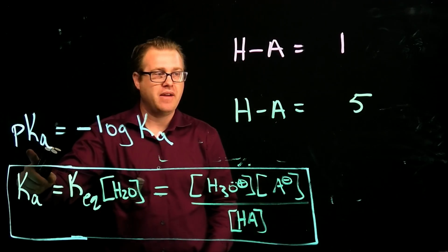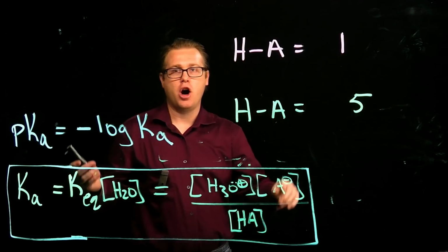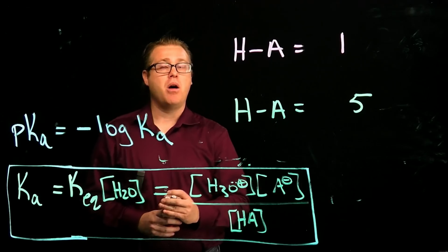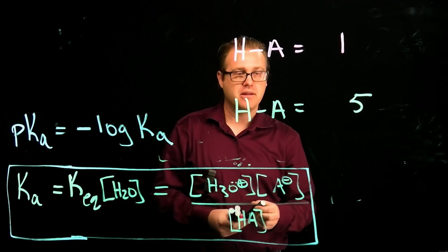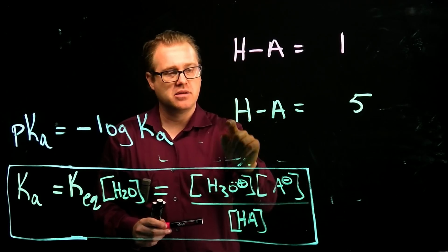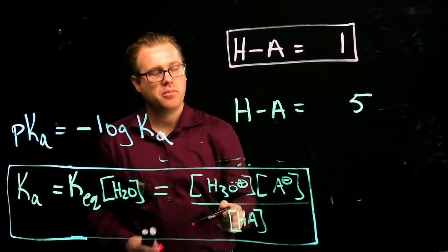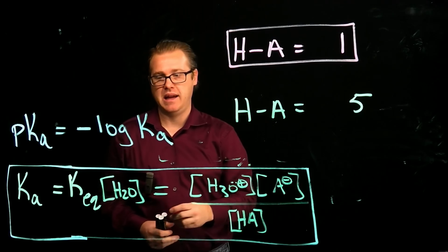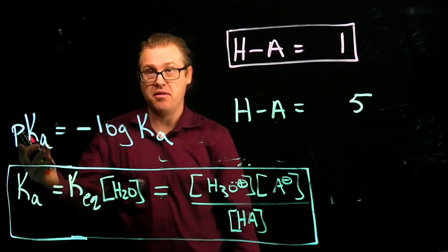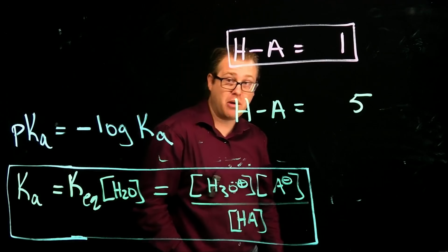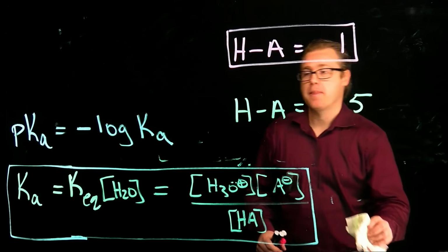With pKa values, it's the opposite of Ka's. The smallest number for pKa is going to be the most acidic. So between these two acids, the most acidic one is going to be the one with the smallest pKa. The reason for that is just because of the math here, okay? I want to show you that with an example.